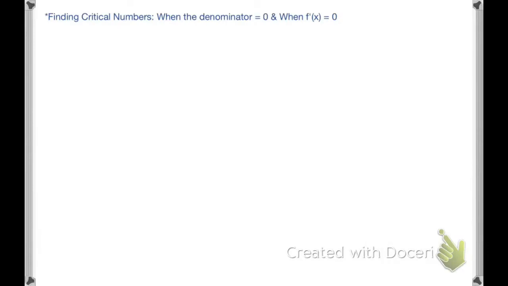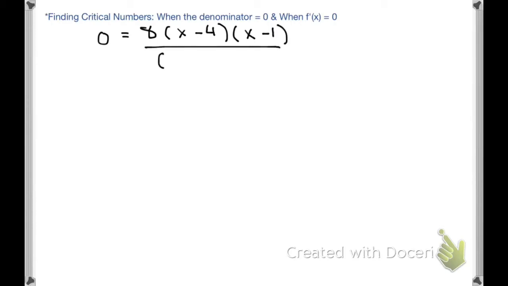Now what we're going to do is find our critical numbers, which is when the denominator of our derivative is equal to 0 and when our derivative is equal to 0. So what we're going to do first is set our derivative equal to 0. That's just going to be our derivative, 8 times x minus 4 times x minus 1 all over (x squared minus 4) squared. And we're going to multiply both sides by (x squared minus 4) squared.